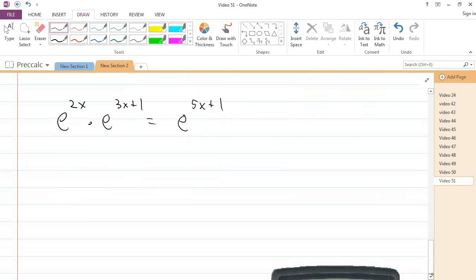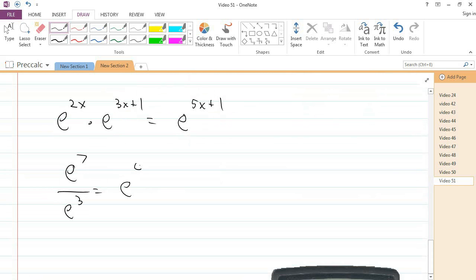If I divide with E, I'm going to do what I do any other time and subtract exponents. And if I have a power to a power situation, I'm going to multiply exponents. That's not going to change.